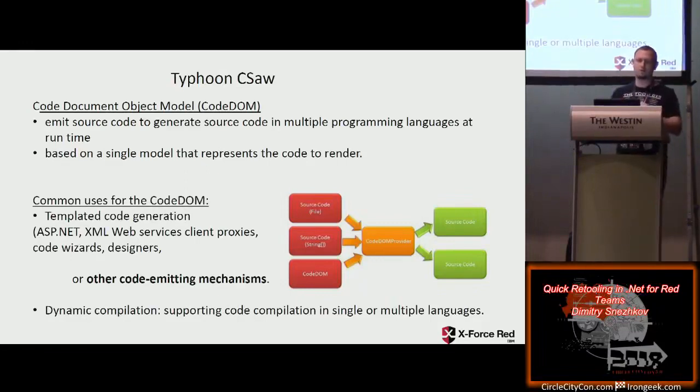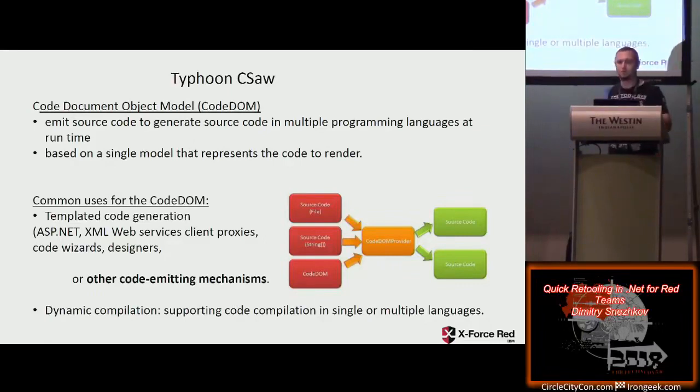CodeDOM is the Code Document Object Model. Just like in, say, HTML, in the browser, you have some model that your code adheres to, right? Some tree that you're building. In .NET, it is CodeDOM. CodeDOM basically means that your source code, when it compiles, has this AST tree, and then you can do whatever you want with it. You can compile it to intermediate language.